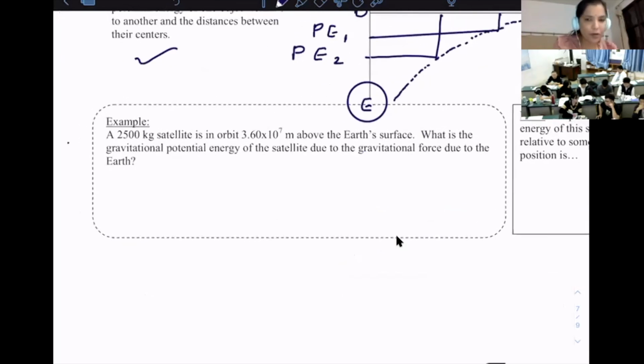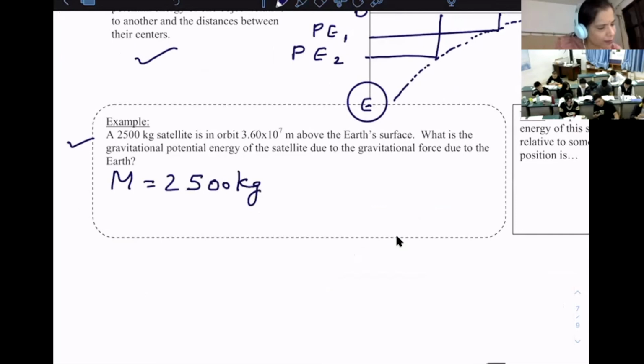This question, try to read and tell me what you think about it. Is it possible for you all to do it or no? We have the mass, and this is the distance.